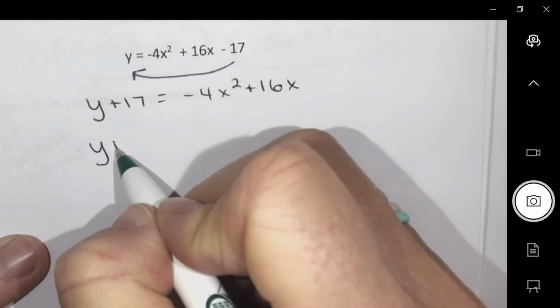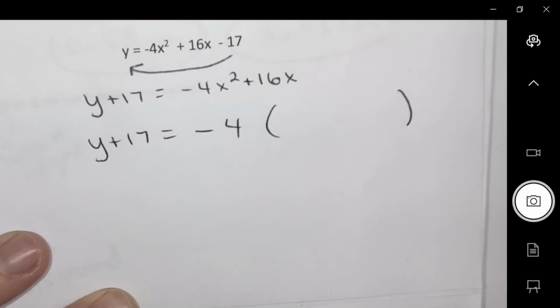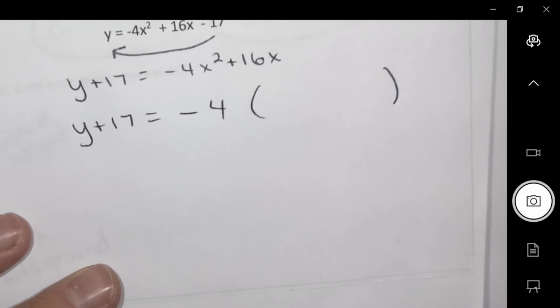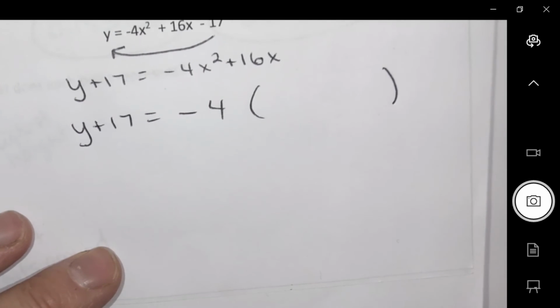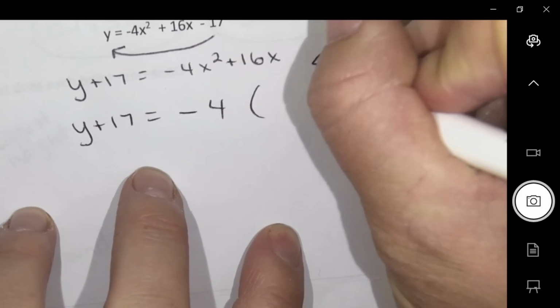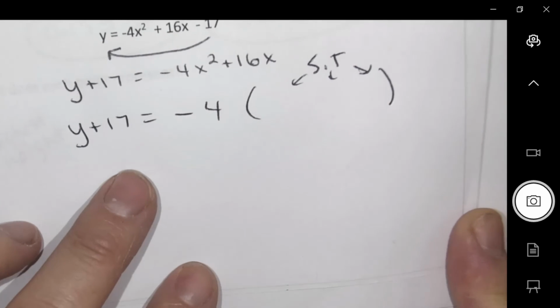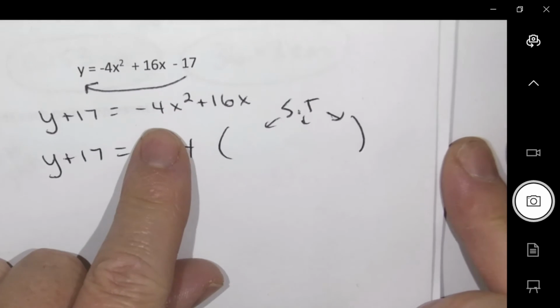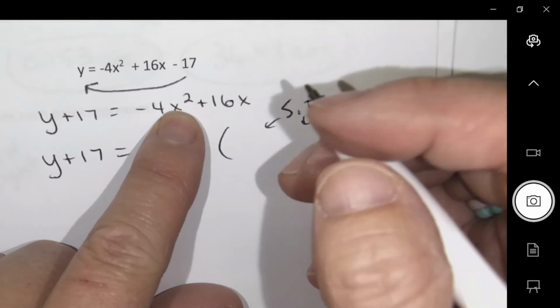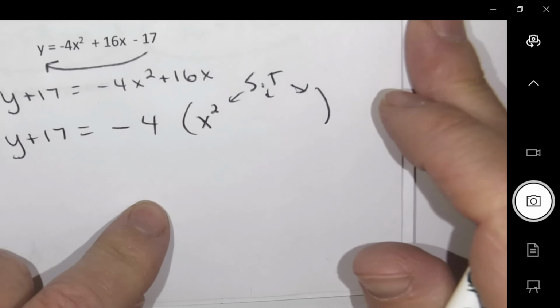No. Therefore, I need to take the -4 out. So this is going to be my simple trinomial. I need to make a trinomial now. So if I take the -4 out, now this is a 1x squared, simple.